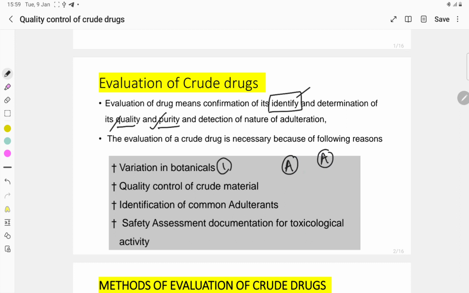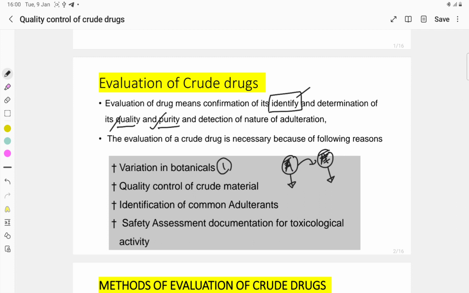If A is cultivated in one geographical location and the same plant A is found in another geographical location, it is not mandatory that the chemical constituents are the same, because due to climatic variation the concentration of secondary metabolites varies from place to place in the same species.